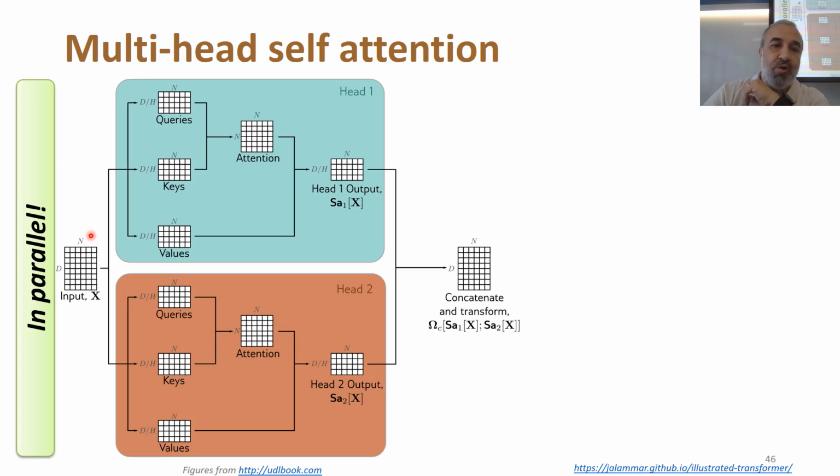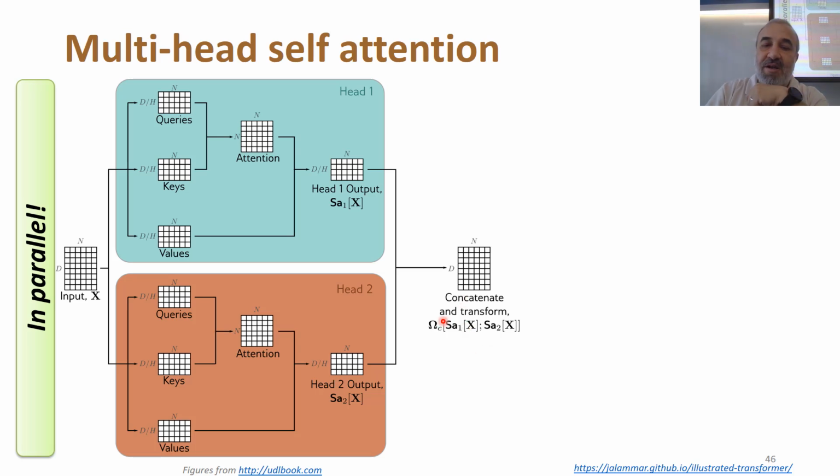So the same input will go through this that we saw before. We get one output, and it's done in parallel multiple times to get multiple outputs. And then these outputs are concatenated together to produce the final output. Actually, after concatenation, they are multiplied by another matrix before we get the final output.